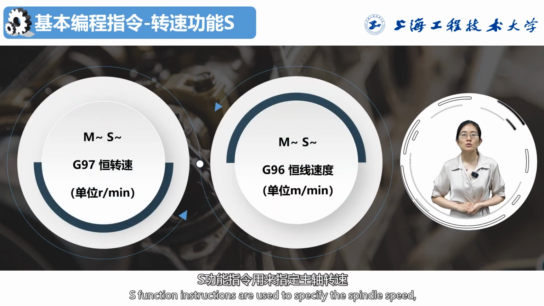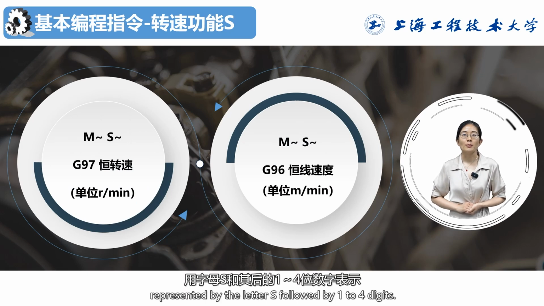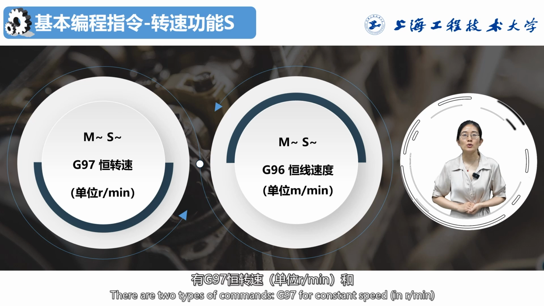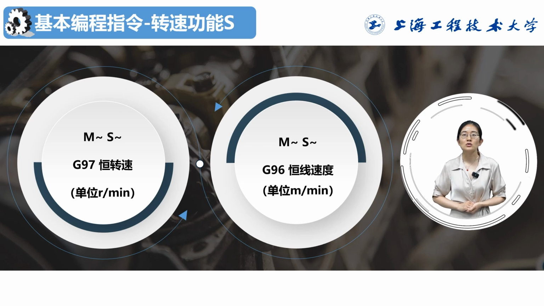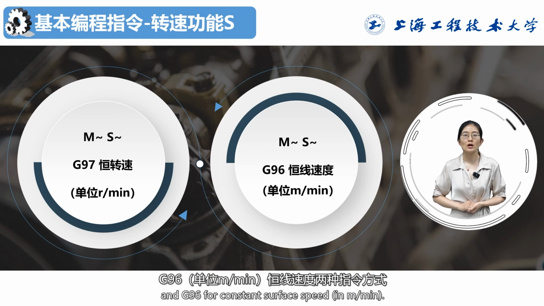S-function instructions are used to specify the spindle speed, represented by the letter S followed by 1 to 4 digits. There are 2 types of commands, G97 for constant speed and G96 for constant surface speed.